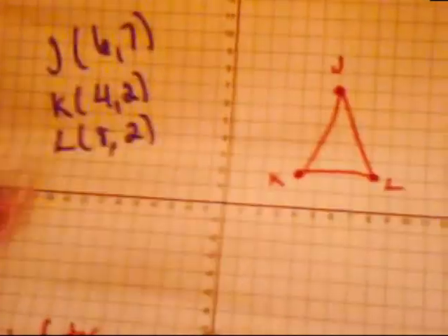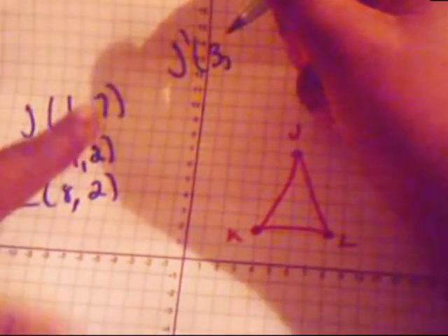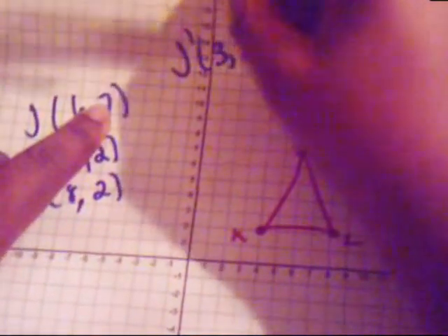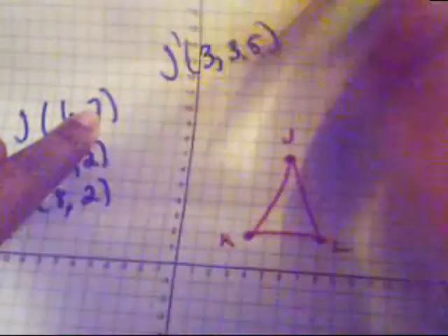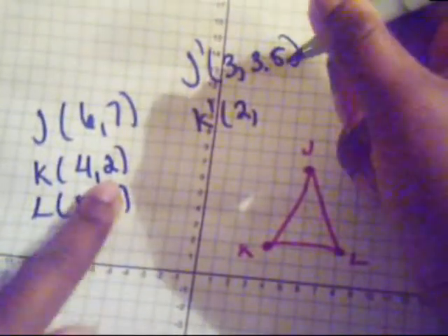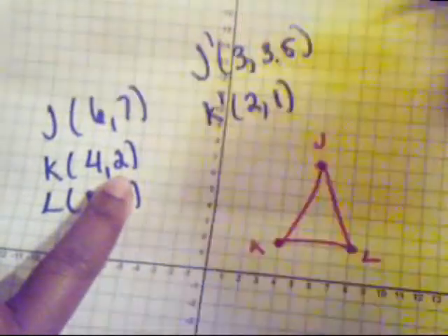So let's multiply 1/2 times 6. 1/2 times 6, J prime is going to be 3. And 1/2 of 7 is 3.5. Let's do K. 1/2 of 4 is 2. And 1/2 of 2 is 1.